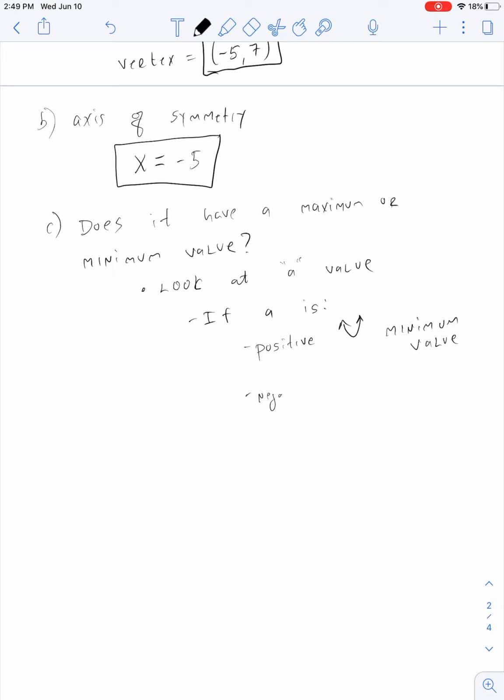If your a is negative, it opens down, and that means it has a maximum value.